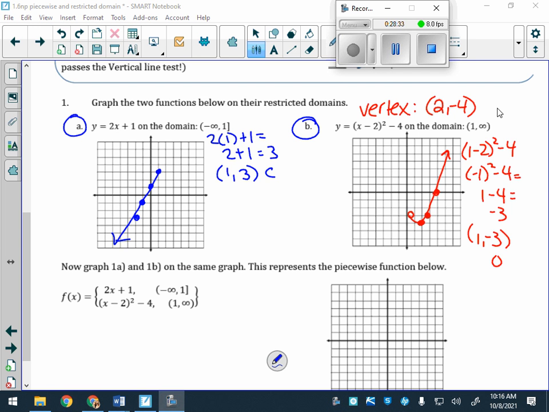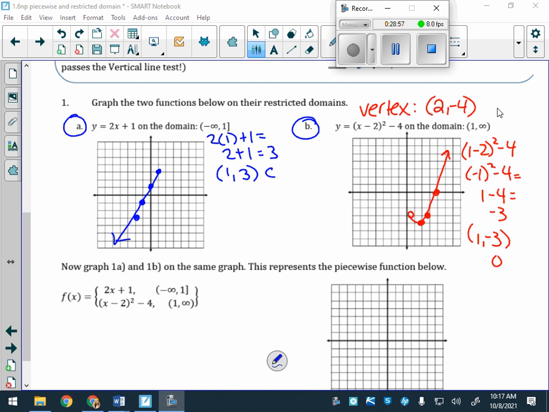You should have gotten both of these graphs. You have your linear function only from -infinity to 1, and it's a closed circle at 1, 3 because there's a bracket. The second function is a quadratic from 1 to infinity. So 1, -3 is an open circle.